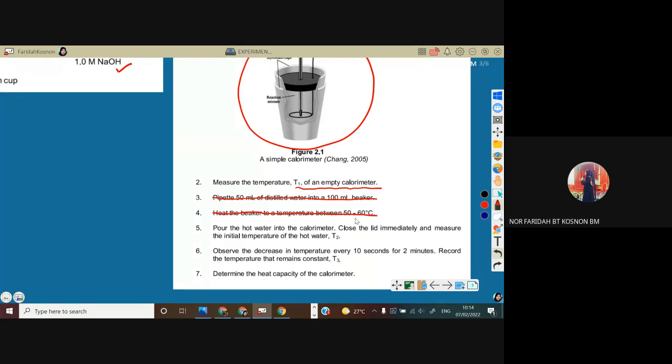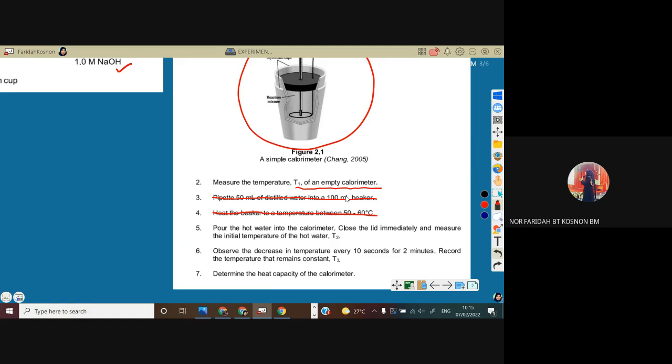Jadi kita tak pipette 50 ml hot water tu. Okay, sebab kalau kita nak pipette, kita tak ada pipette 50 ml. So untuk kita pipette 25 ml kali 2, kat situ saja heat from the hot water tu pun dah ada yang lost to the surrounding. So dekat situ tak tepat lah.